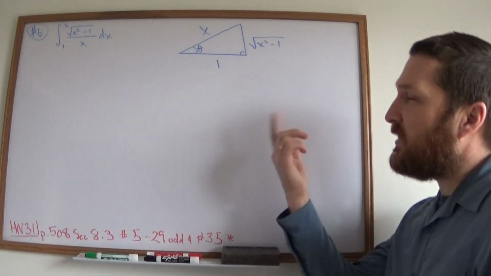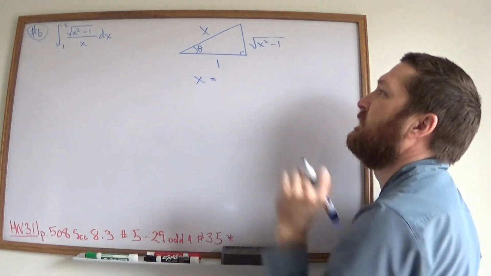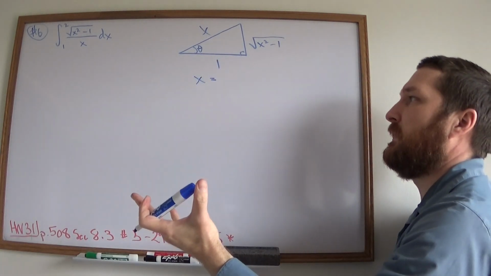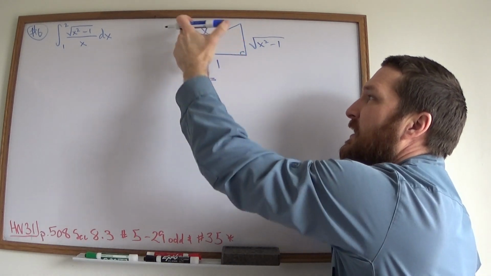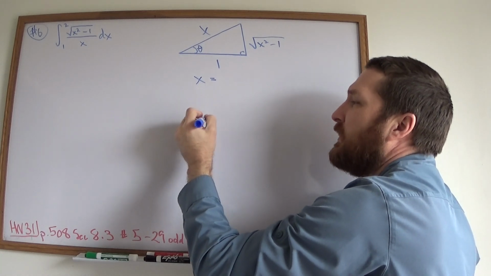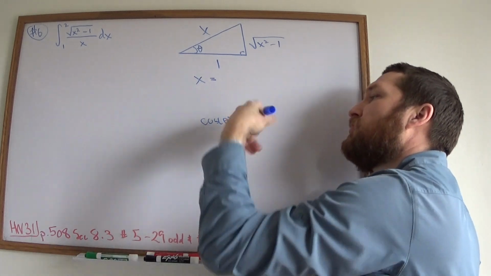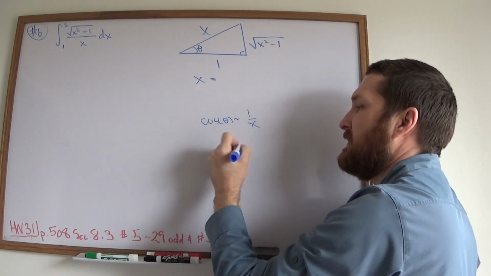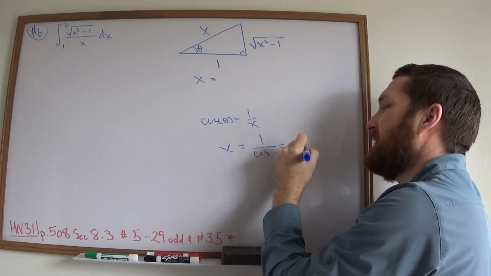Now, it's going to be easiest if I get x equals some trig function. What's that going to be? Looking at these guys here, what goes through my mind is cosine theta is 1 over x. So x is 1 over cosine theta, and so x is equal to secant theta.